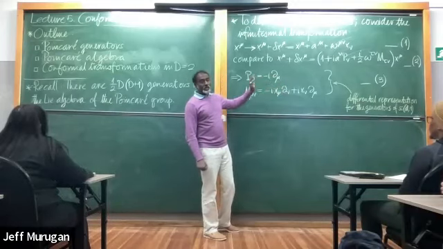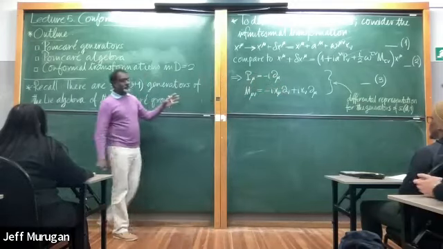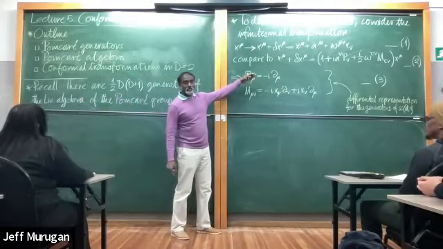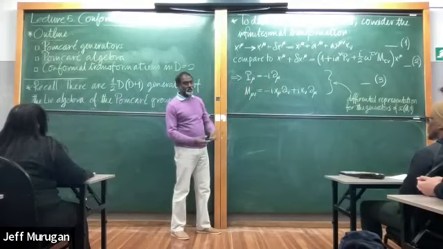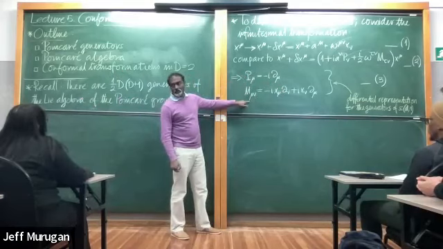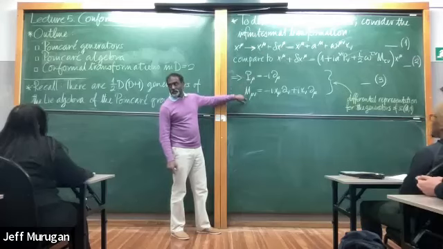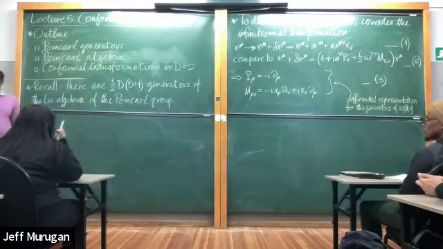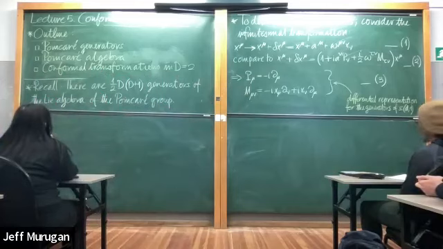Whichever representation you come up with, these guys must satisfy some algebra, some set of commutation relations. You can see the three sets that matter here: the P's with the P's, the M's with the M's, and the P's with the M's. Those three sets of commutation relations are the defining relations for the algebra that we're talking about.